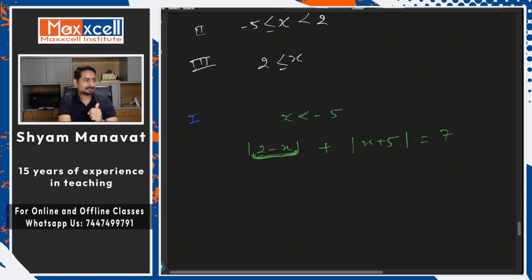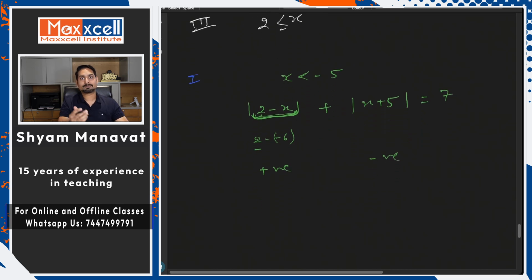So if x is minus 6, 2 minus minus 6 is going to be plus 8, so the first term becomes positive. Similarly the second term, with minus 6 here, is going to be negative.